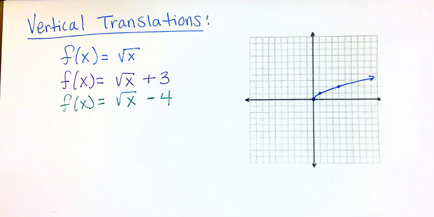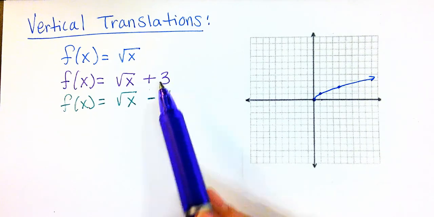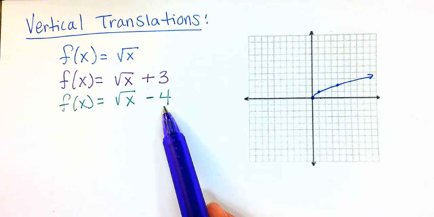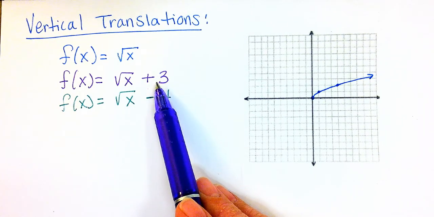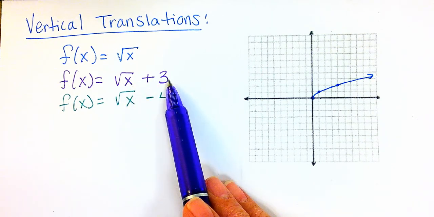Now, what we're talking about specifically today is what happens when I take a parent function and then I add a number to it, what happens to the graph, or I subtract a number from it, what happens to the graph. So if you think about what we're doing here, we're taking a point on the original function and we're adding 3 to it.